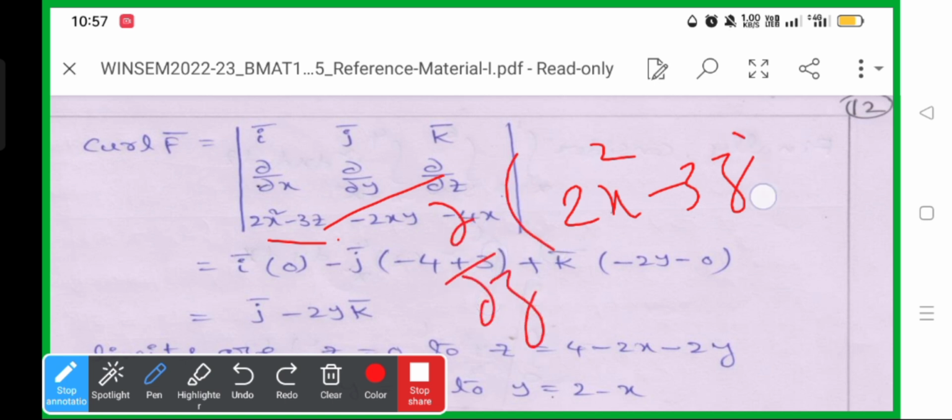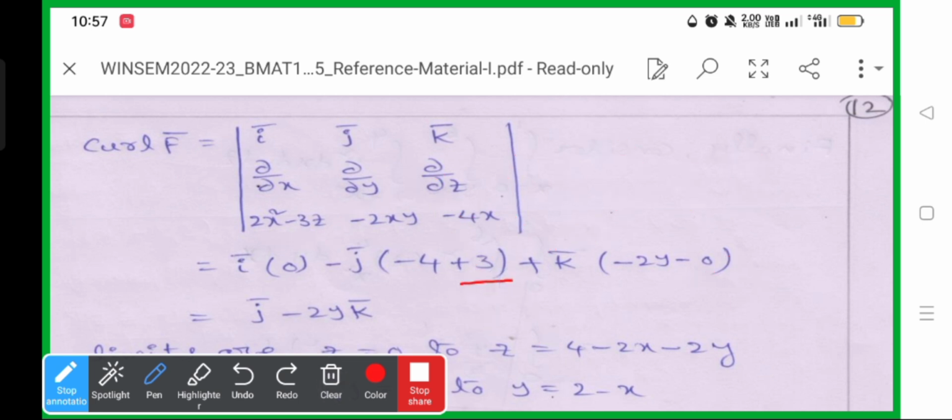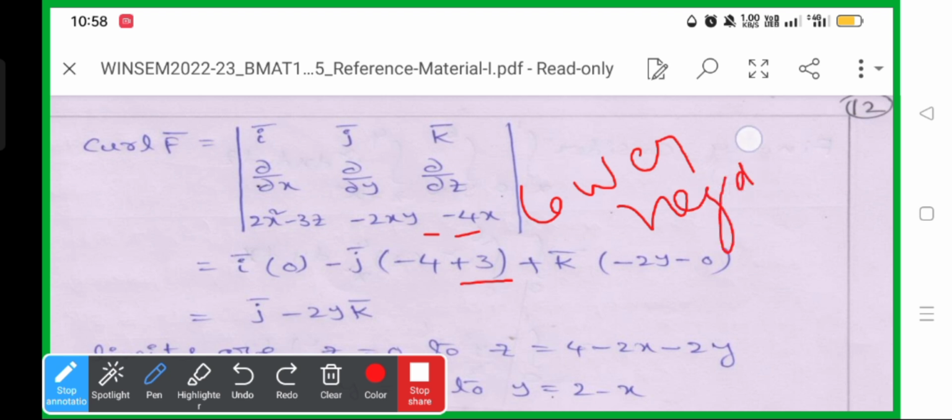Now this term will become 0 and only minus 3 will be the answer. So here we got minus of minus 3. For the lower limit it is a minus, so minus of minus becomes plus 3.